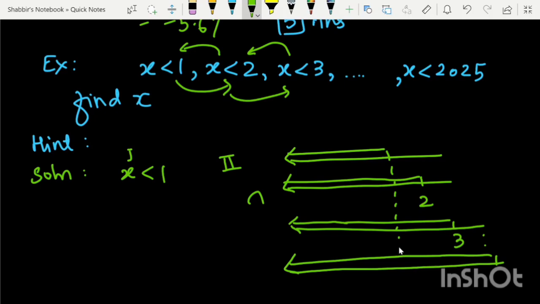So this is the second way, using the conventional way of solving it, marking it on the number line to bring more clarity. So again the answer is x less than 1. So both ways you can do it. First way, by thinking that any inequality is the superset of the previous inequality given. Or the traditional way of marking on the number line and then taking the intersection of all, you will get the answer as x less than 1. Okay guys.